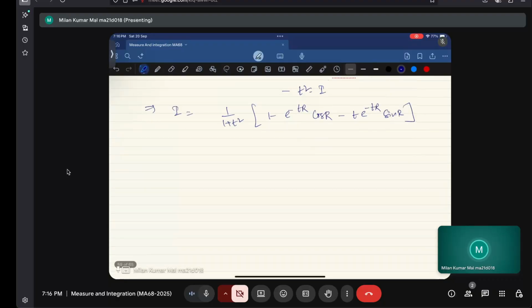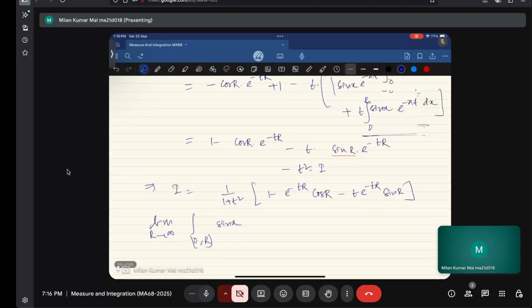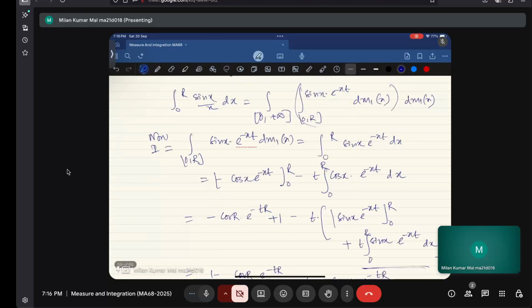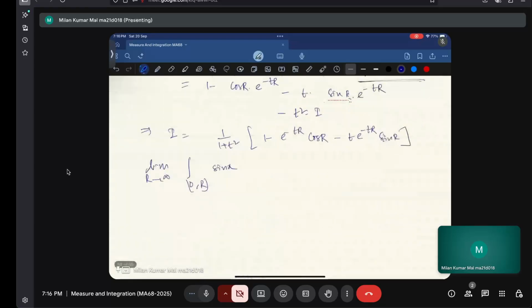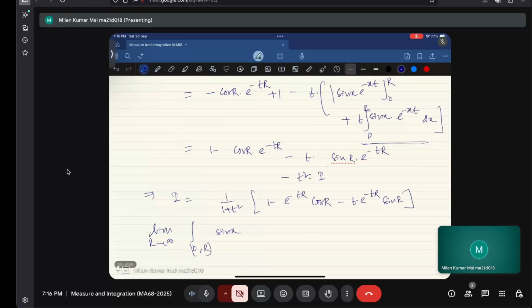Okay, now if I take the limit r tends to infinity, the integration 0 to r of sin x, or one can write 0 to r of sin x, so this is what it is, I1.